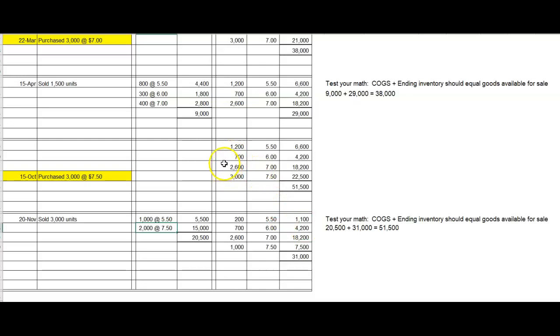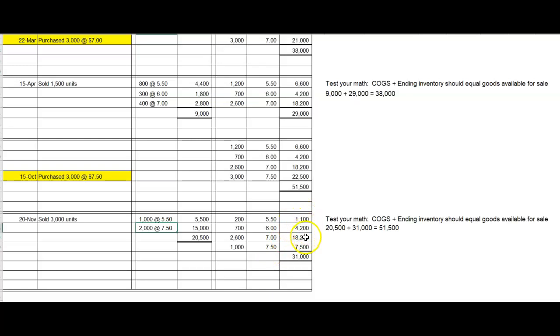We did not sell any of the third layer, so that third layer is put here. We had purchased 3,000 units of inventory on October 15th, but we sold 2,000 of them, leaving only 1,000 of these units left at a cost of $750.